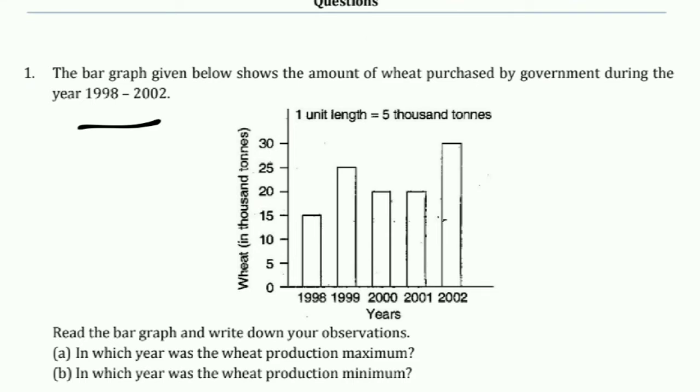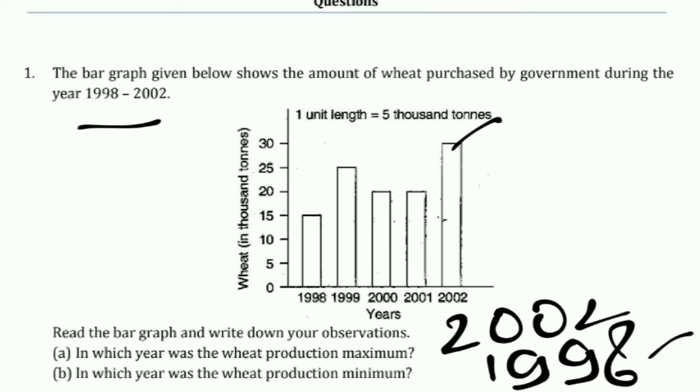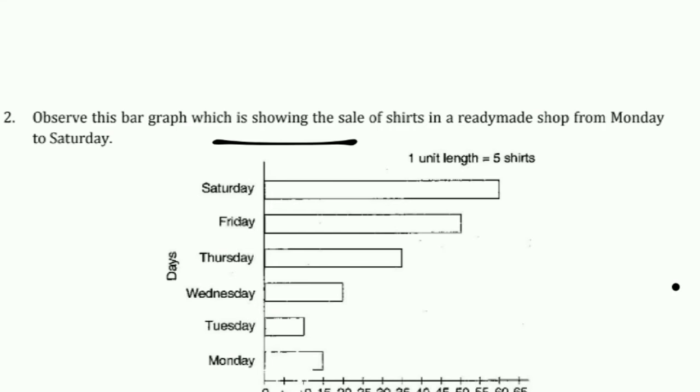First one, in which year was the wheat production maximum? In which year? See, in 2002. In which year was the wheat production minimum? In 1998.